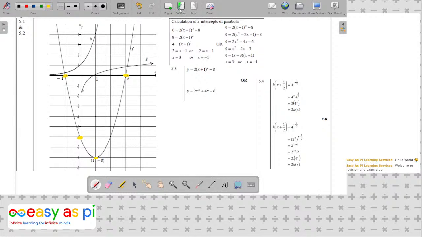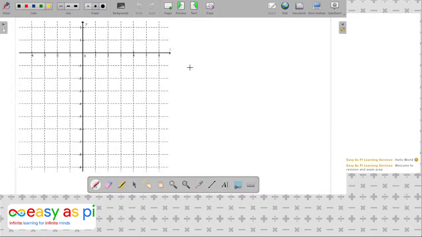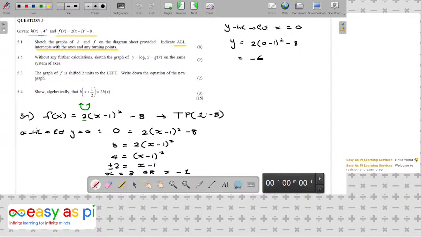That's all you need to draw the graph. Now the next thing we're going to do is, for this exponential graph, the only thing I need to do is a table of values. So I'm going to say, okay, what are the values of x, and what are the values for h of x, and I'm going to use -2, -1, 0, 1, and 2, and plug in the values.